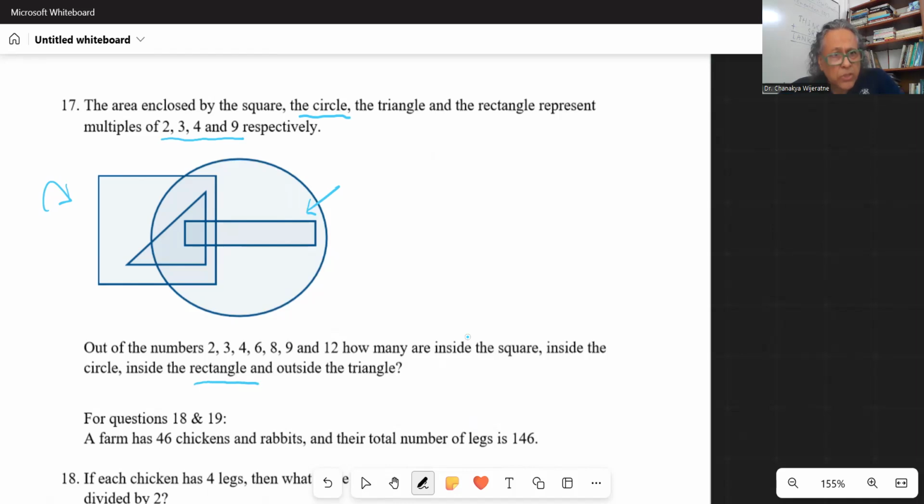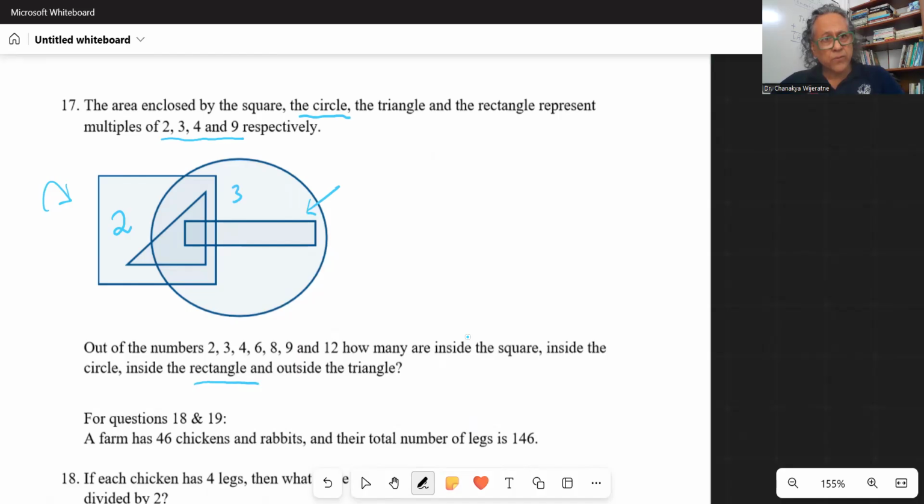So 2 is actually outside the circle and also outside the triangle, which represents multiples of 4, right? So 2 is here. Now where is 3? So 3 is actually outside the square, right? And also the triangle, and also the rectangle, right? So 3 is here, right?